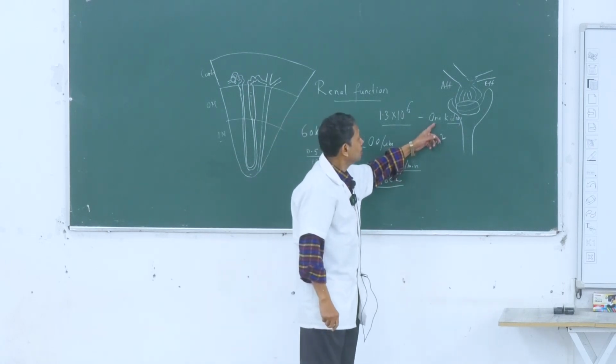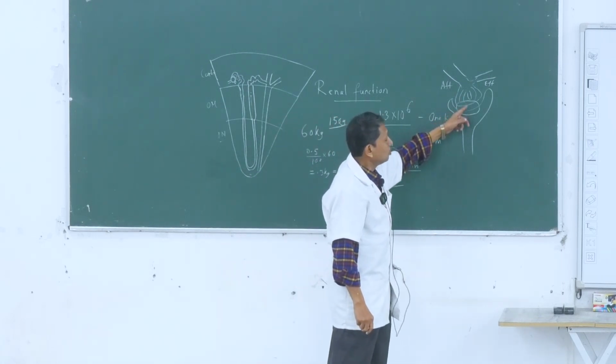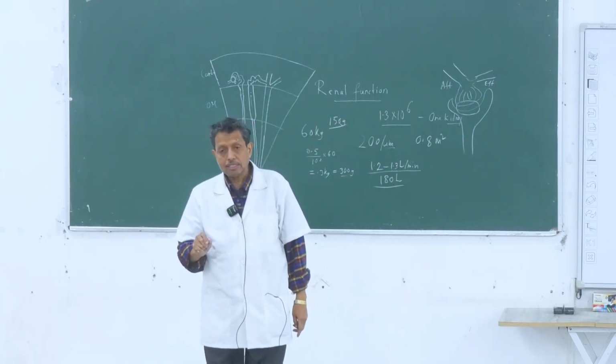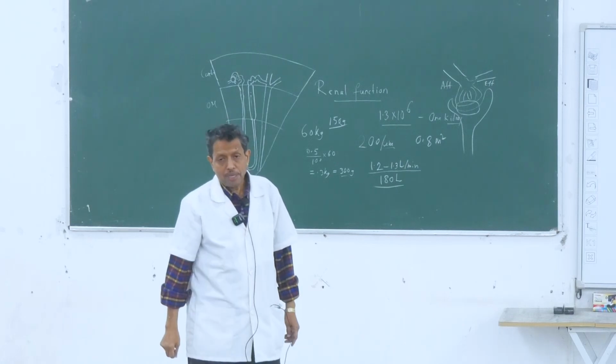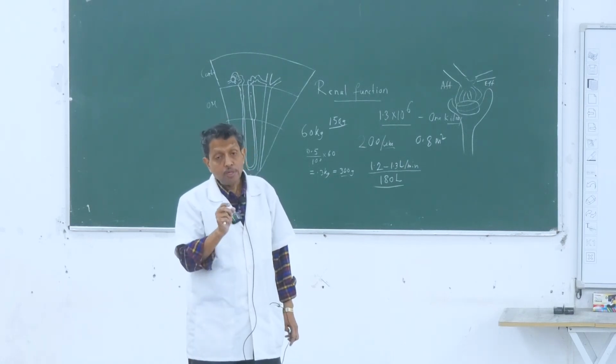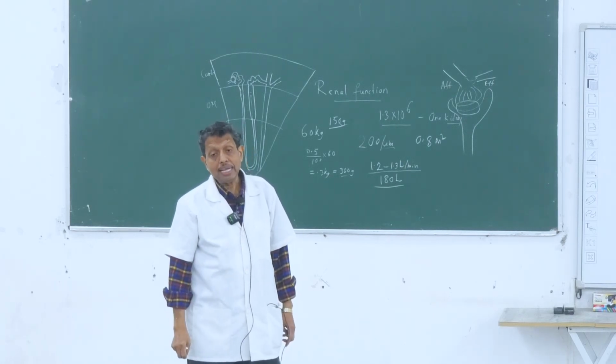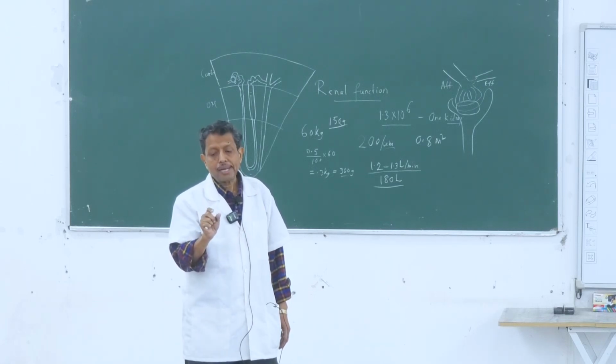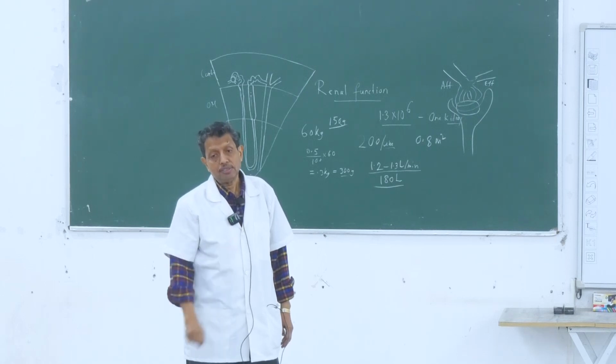This filtering bed consists of layers between the blood in the glomerular capillaries and the fluid in the Bowman space. One is the endothelium, then the basal lamina, and then the epithelial cells.